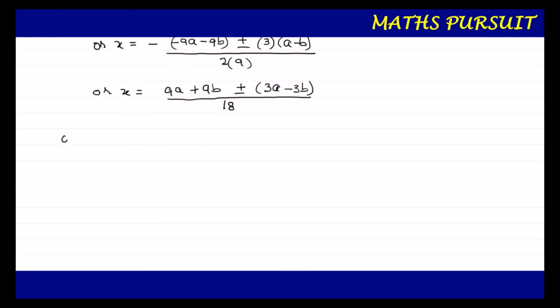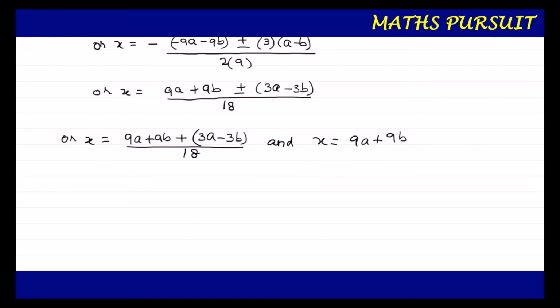So I can write x is equal to 9a plus 9b plus 3a minus 3b upon 18 is one part, and the other part is x is equal to 9a plus 9b minus 3a minus 3b upon 18. This is the other part of the equation.